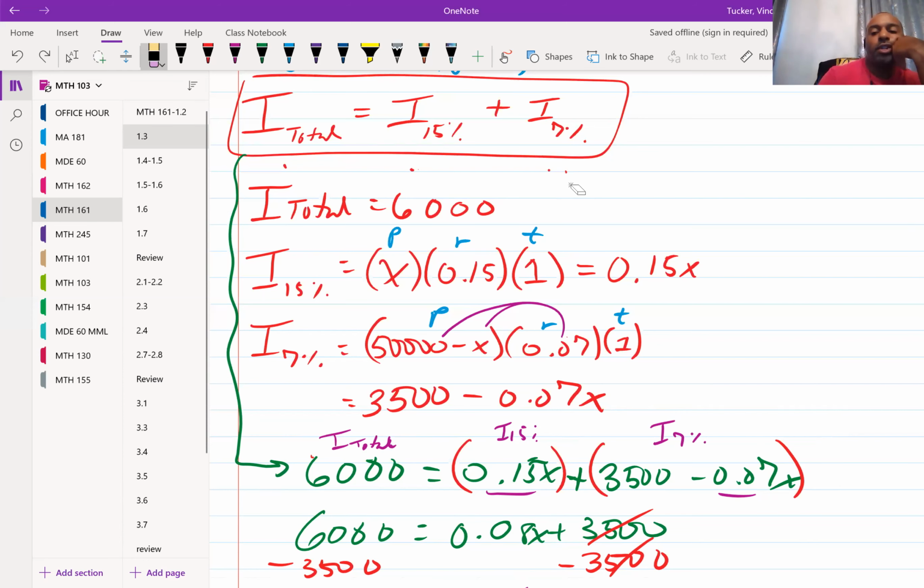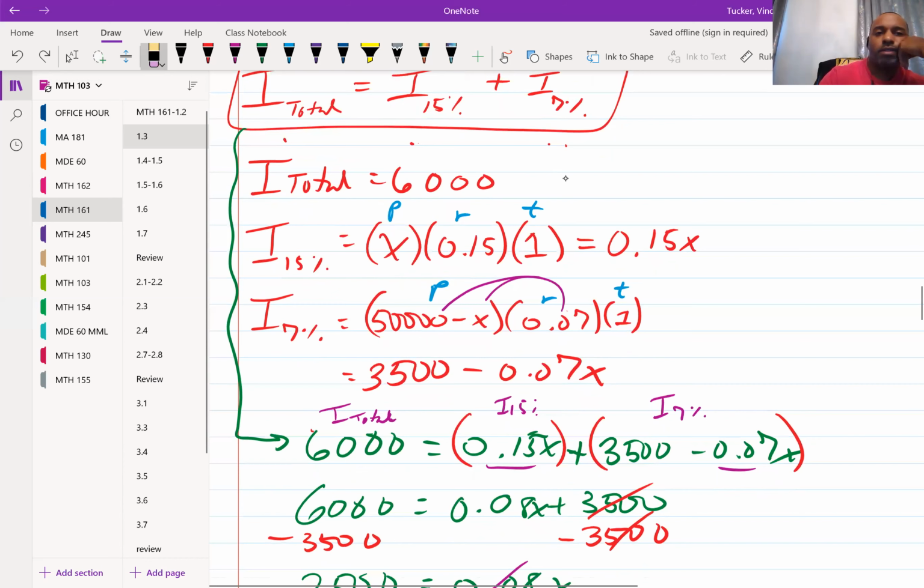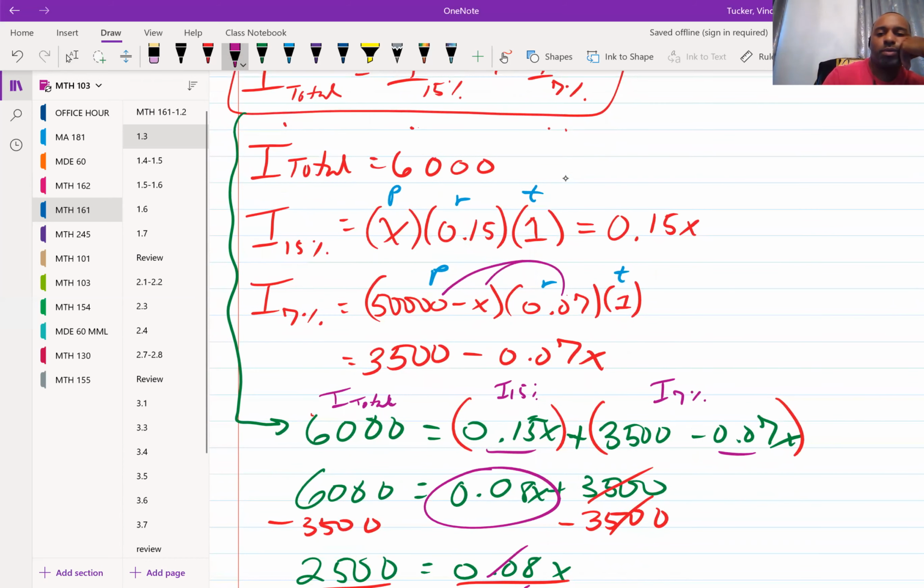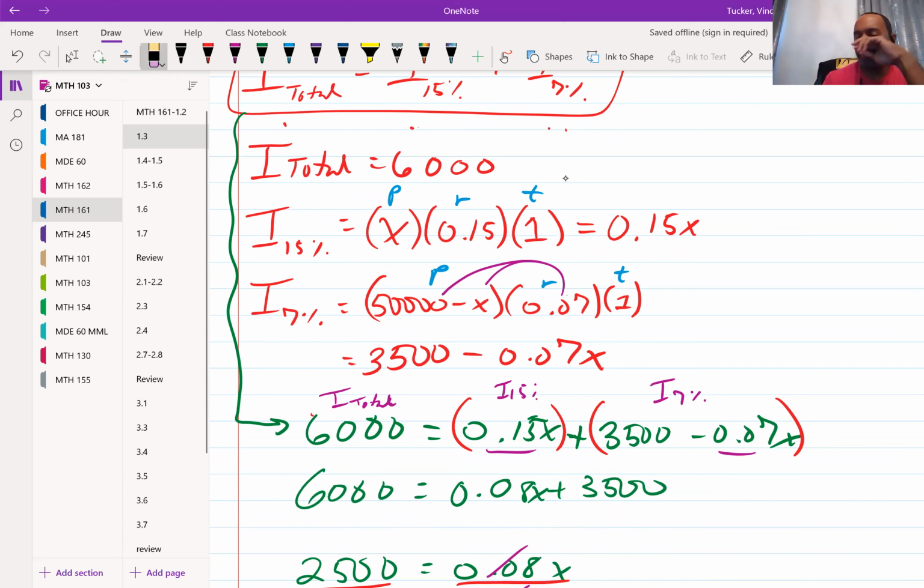All right, so once you're here, you can go ahead and combine your like terms. We have 0.15x minus 0.07x. That gives us 0.08x. And we still have 3,500. Then from there, we subtract 3,500.